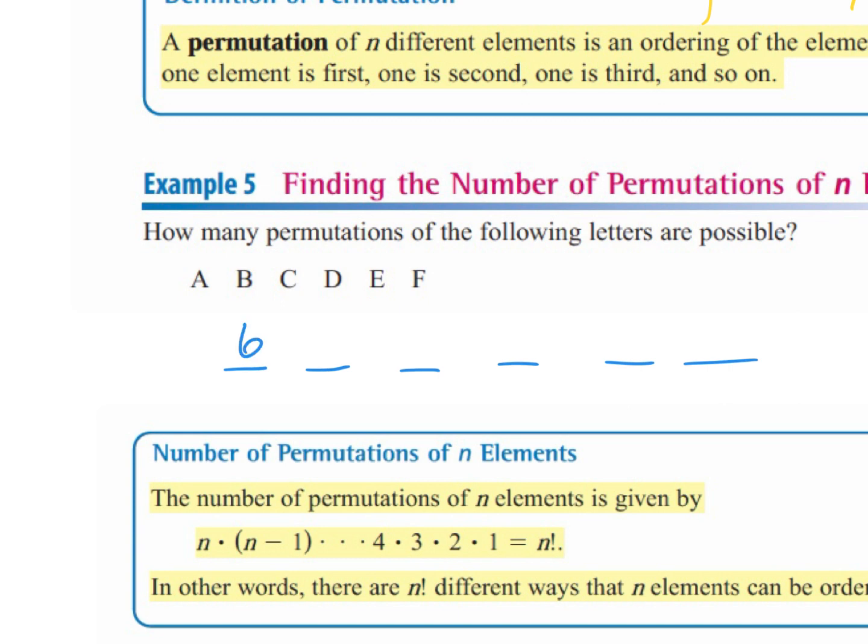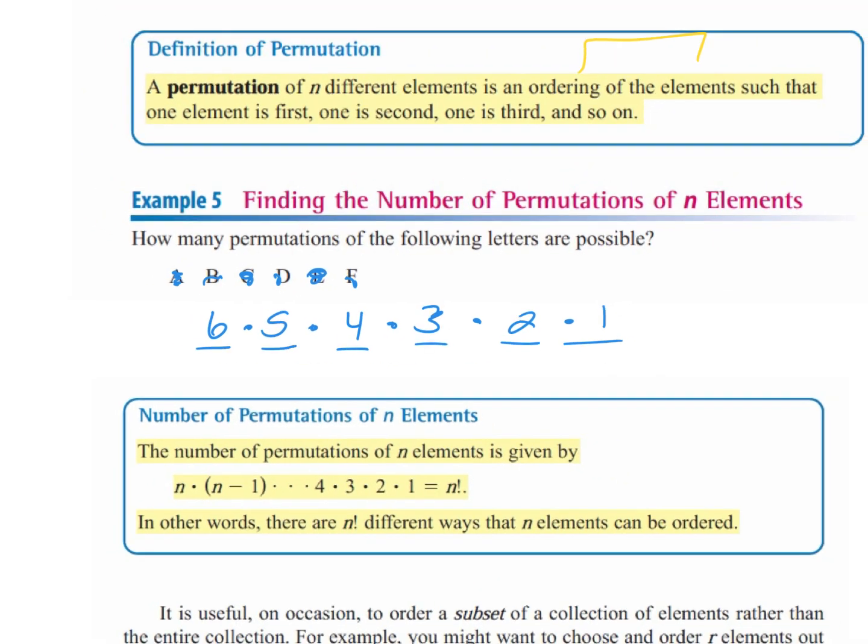Once one of those letters is accounted for, how many are left? 5. Then that one's accounted for, so how many are left? Then... Have you guys seen something like this before? 6 times 5 times 4 times 3 times 2 times 1? What is that called? Factorial.